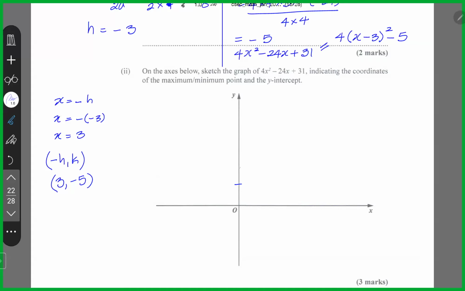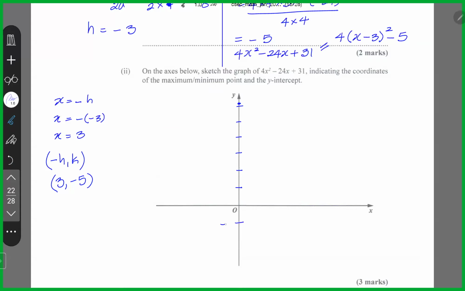5, maybe too big. 5, 10, 15, 20, 25, 30. 31 would be somewhere like there. The minimum is minus 5.